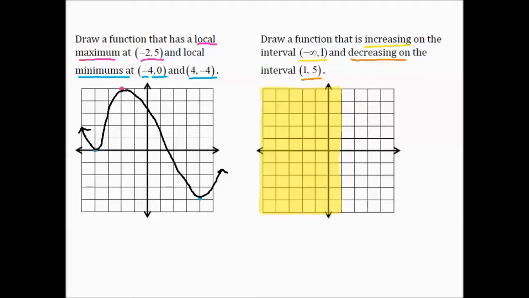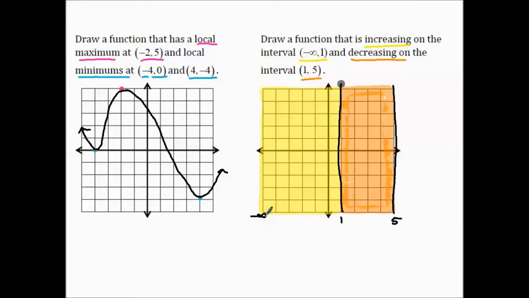Then it needs to be decreasing from 1 to 5. So it's going to change from increasing to decreasing at 1. It needs to stop at 5. And it needs to continue going over to -infinity on the left side.